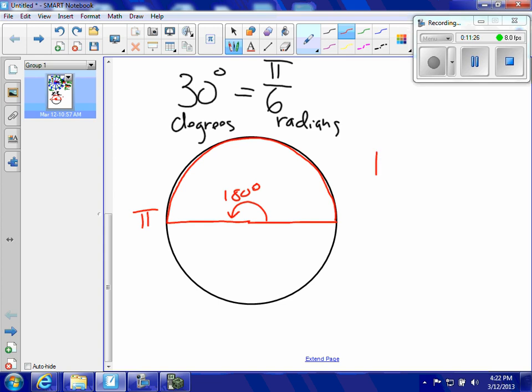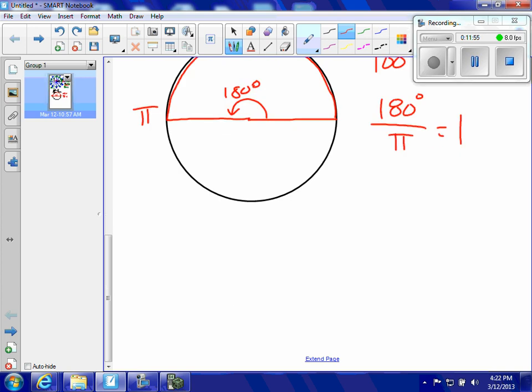So I can say 180 degrees is equal to pi, and we usually leave off the word radians, it's too cumbersome. But if I say pi, and I tell you I'm working in radians, you know that it's radians. So if 180 degrees is equal to pi radians, that means that 180 degrees divided by pi, since they are equal, is equal to 1.